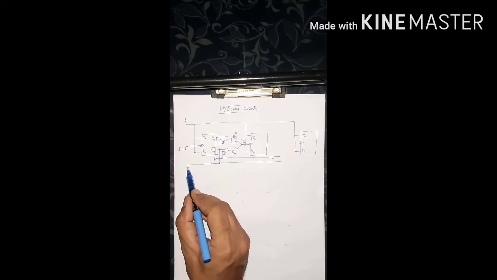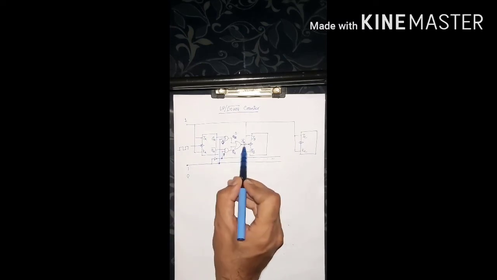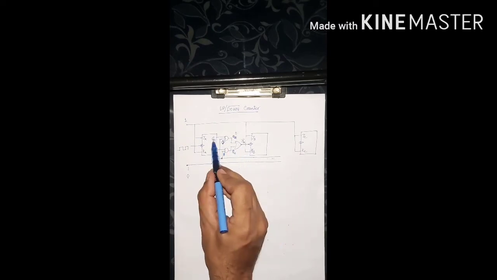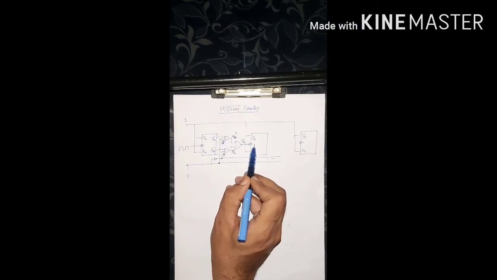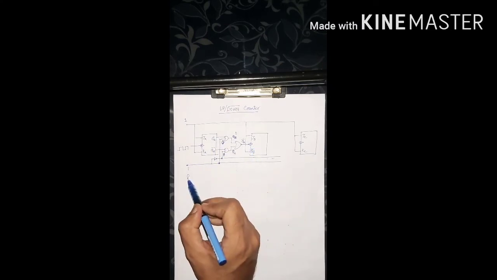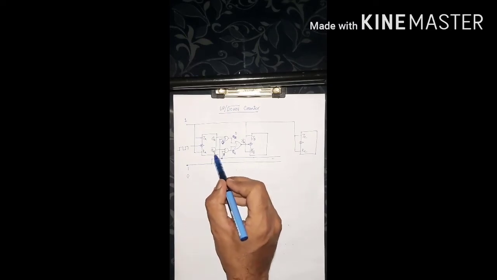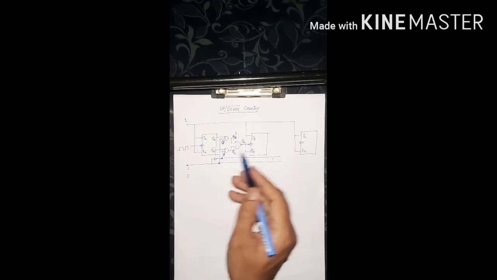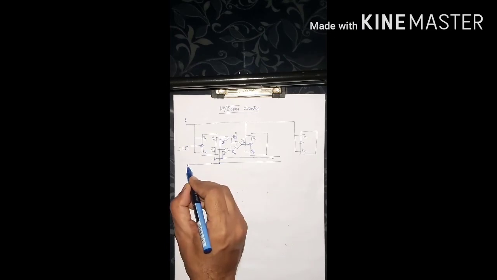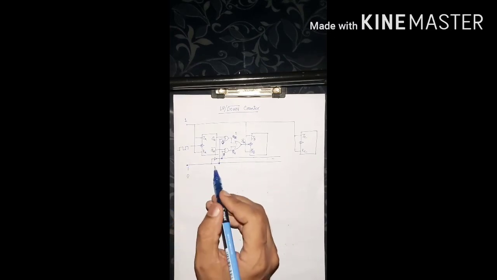So this terminal will decide whether this signal reaches here or this signal reaches here. And if this signal reaches, this will act as an up counter. And if 0 is provided here, this signal reaches, and this will act as a down counter. So this terminal will decide this.